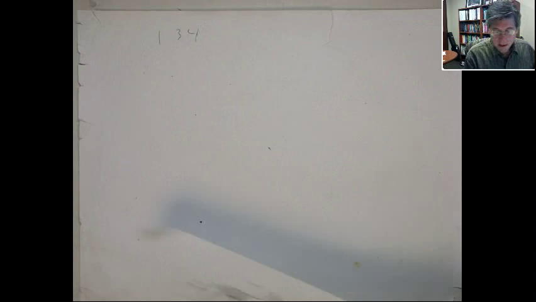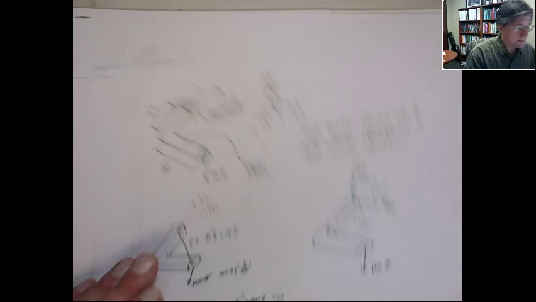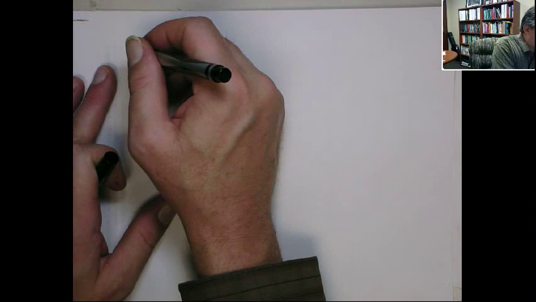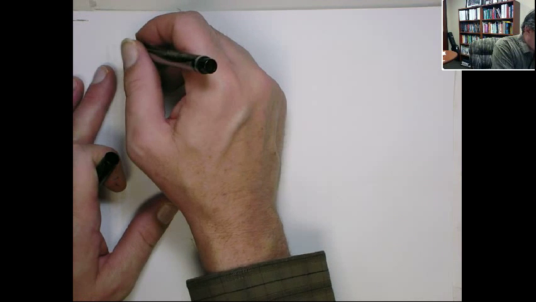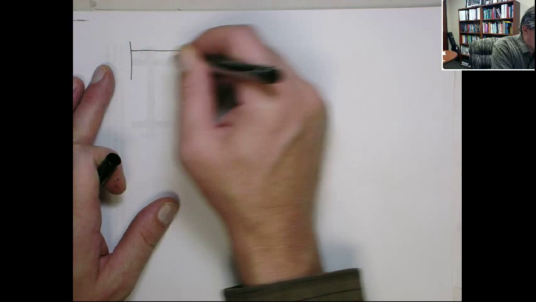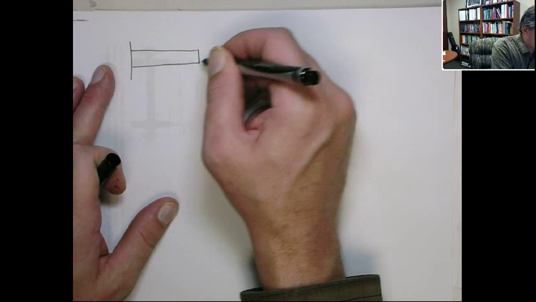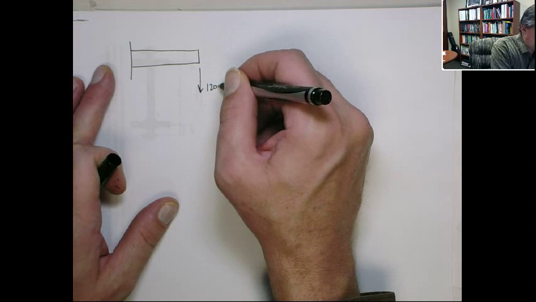Okay. Now, if you look at this, a lot of times we also have simpler 2D types of problems. Maybe the picture gets drawn as follows. As simple as this. Let's put 20 pounds acting down.